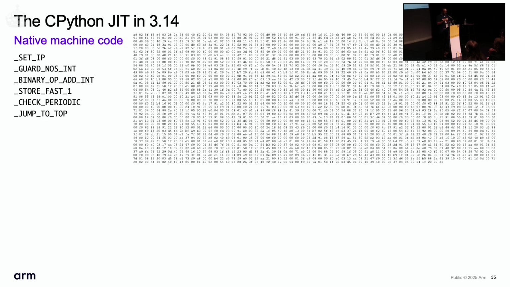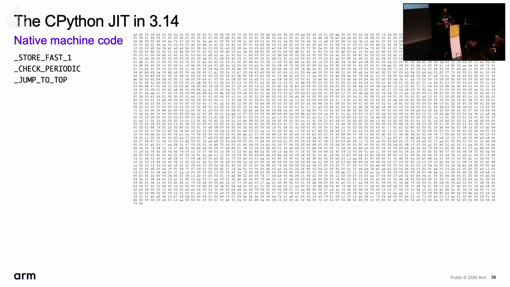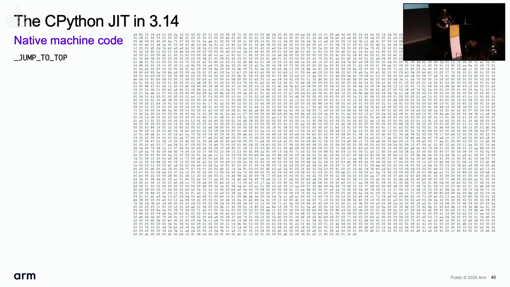Now we see how these micro-ops will be converted into machine code. Again, a small animation where we see that every micro-op is replaced with machine code. And once patched, these pieces are linked together into a single executable block.